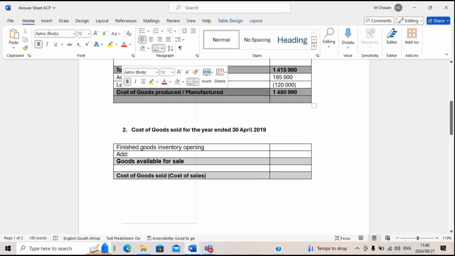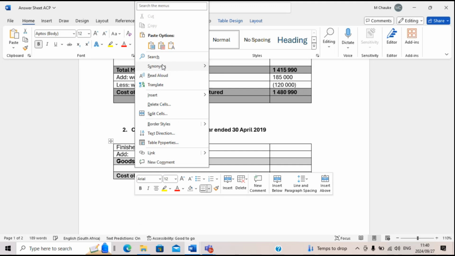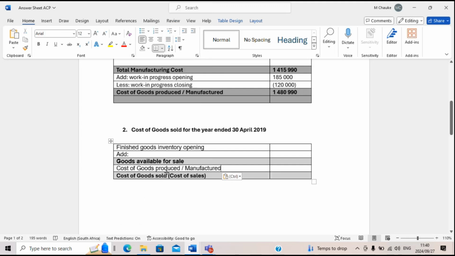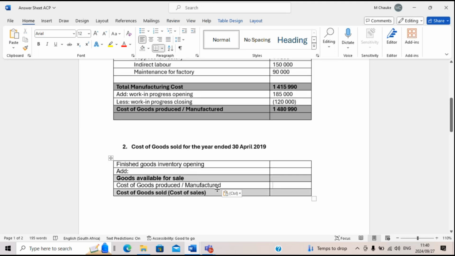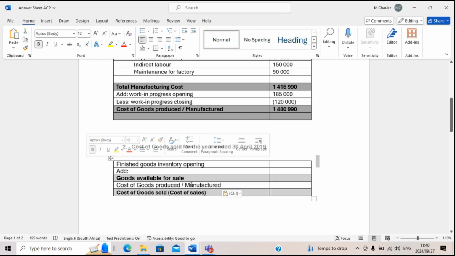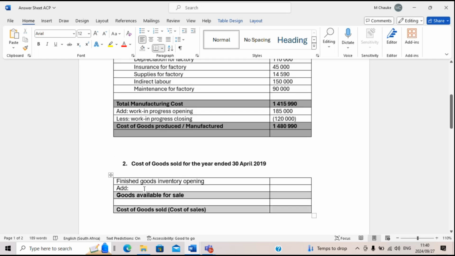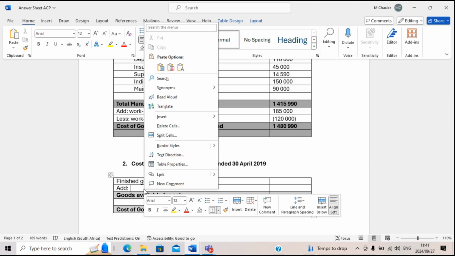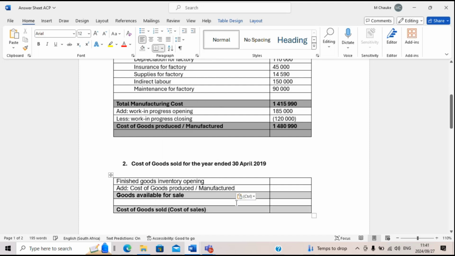We have to edit it here. Cost of goods manufactured, which is 1,480,990. This is our cost of goods manufactured.